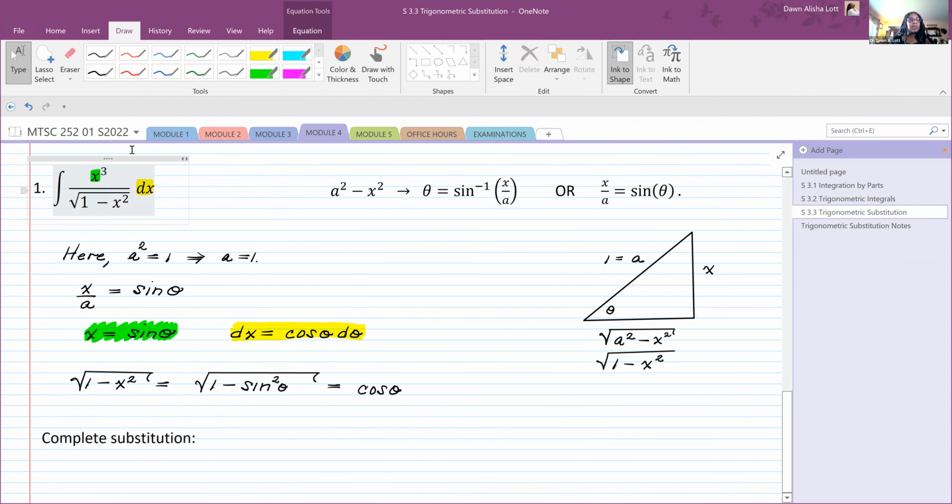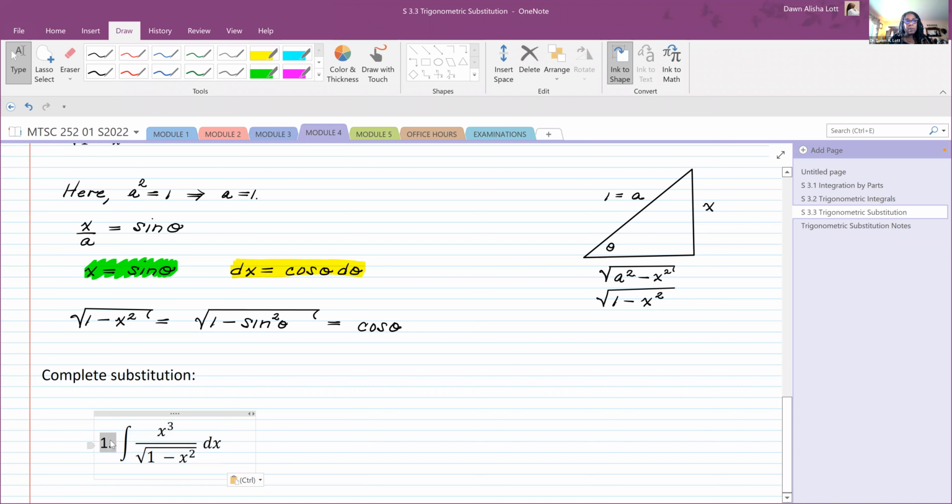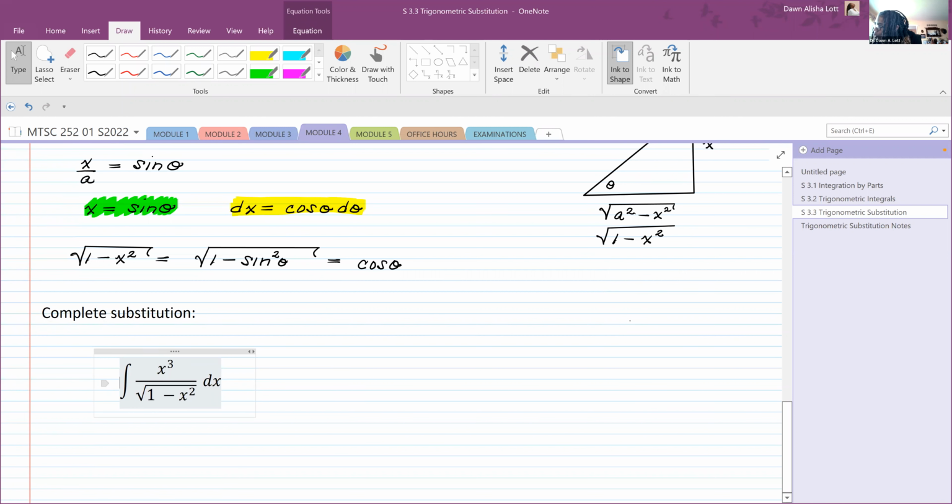All right, so let's go back to my integral. So I'm going to bring my integral down here. And I'm going to see that in the place of x cubed, what is x cubed? Well, x is sine theta. So I'm going to get the sine of theta cubed. dx is cosine theta d theta.